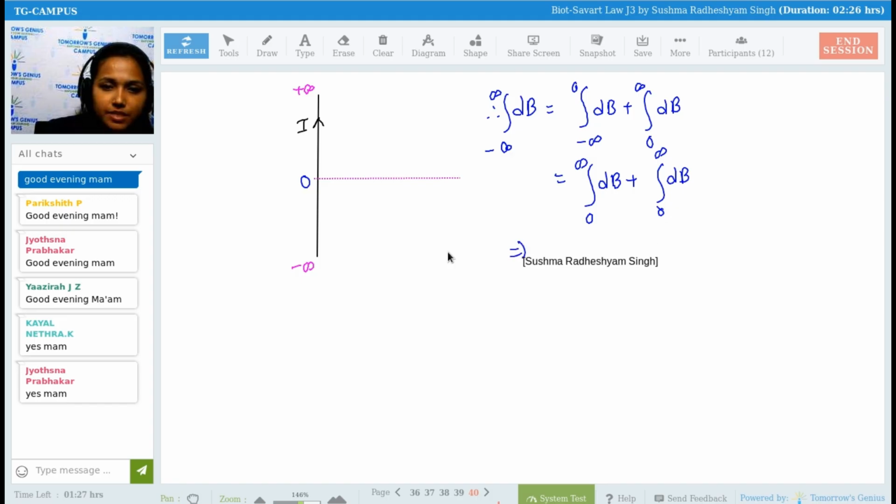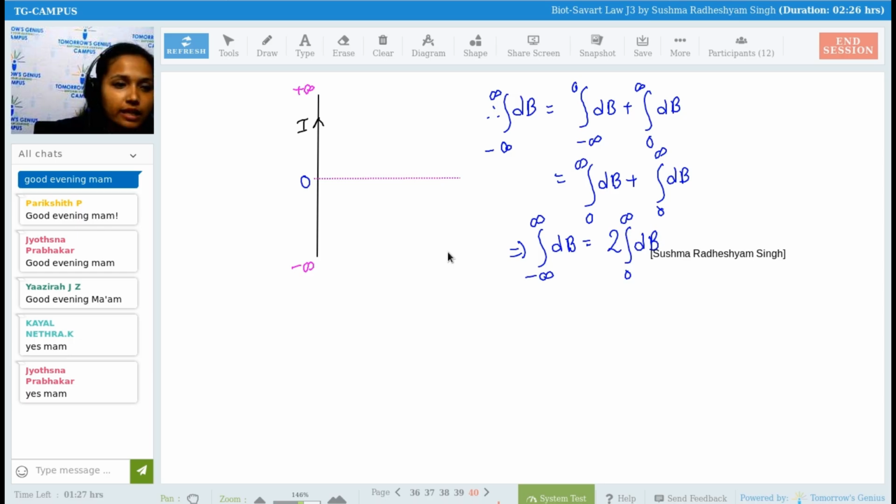That means instead of finding minus infinity to infinity dB, we simply find 2 times the 0 to infinity dB. Clear this point first of all? What can we do? Instead of finding infinite length, we cut our system in two parts. We take one from minus infinity to 0 and another from 0 to infinity, and consider this 0 to infinity as twice. That means the upper part and lower part. Getting? Clear this?